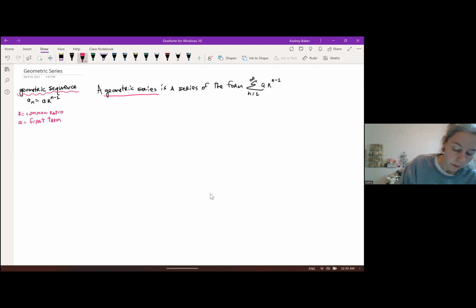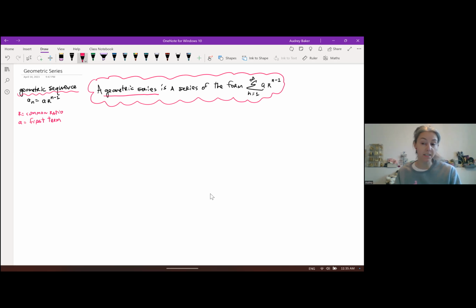So today we're going to use partial sums as well as some limits that we've already seen to try to investigate the convergence and divergence of geometric series. So where do geometric series converge?